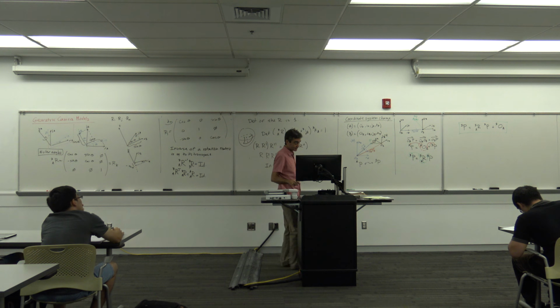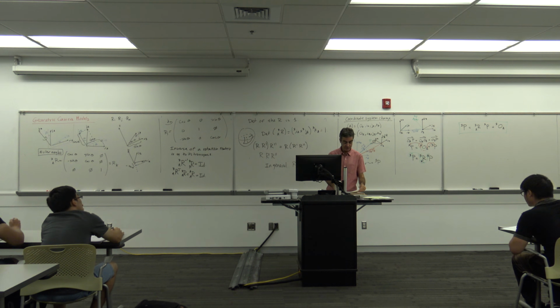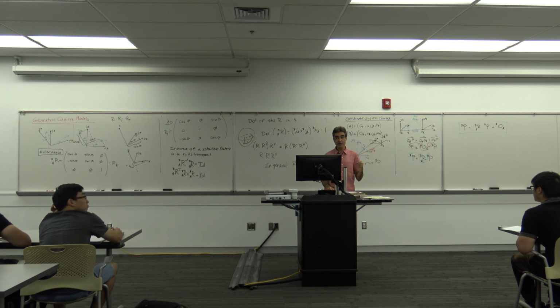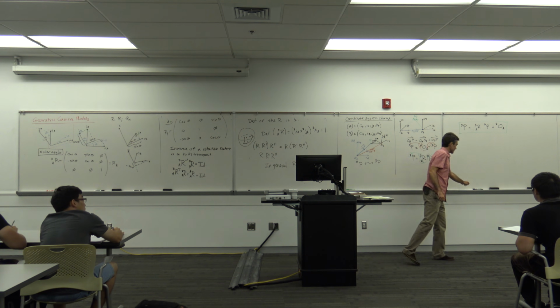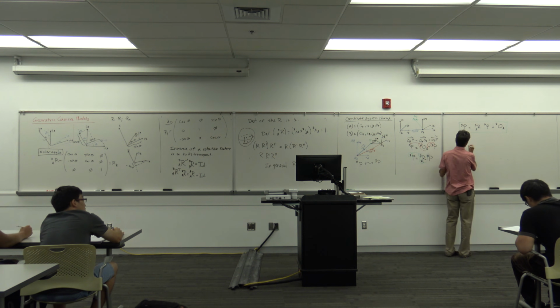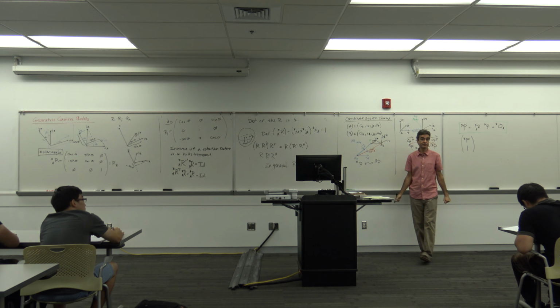Now, as we have derived before, we're not going to be working with this format. We're going to be working with matrices. So let's write this in matrix form. To write this in matrix form, I need to write it in homogeneous coordinates, right?